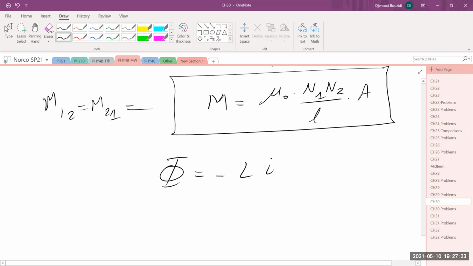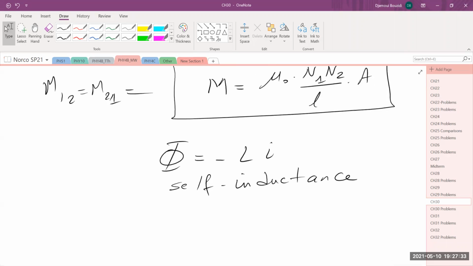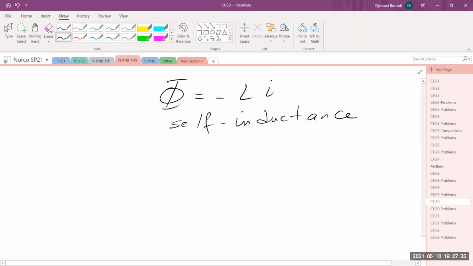Okay, so this is the self-inductance. Sometimes we drop the word self completely and we just call it inductance, period. So this is the inductance. This is the same wire.